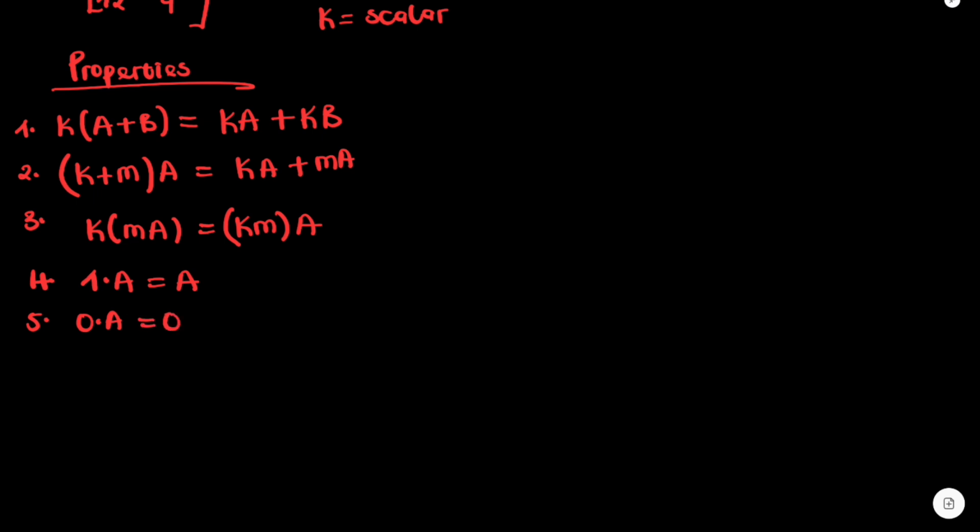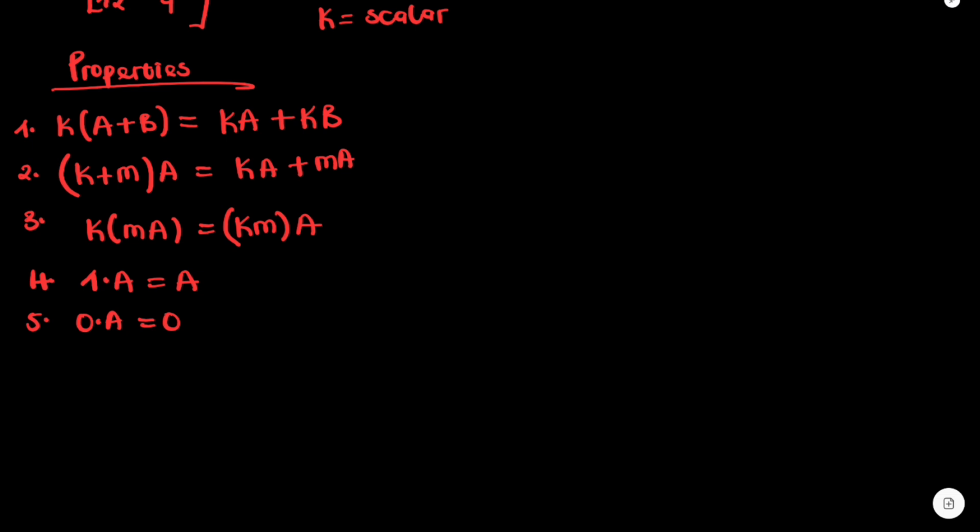So 1 times any matrix is the same matrix. 0 times any matrix is 0, the same as 0 times a particular number. Let's say 3. 0 times 3 is 0, 0 times 5 is 0, 0 times 100 is 0. The same as 1 times 1 is 1, 1 times 4 is 4, 1 times even 100 is 100.